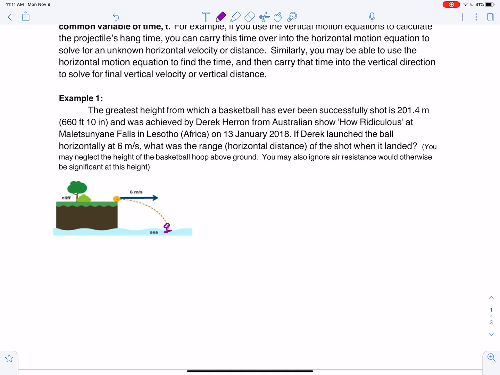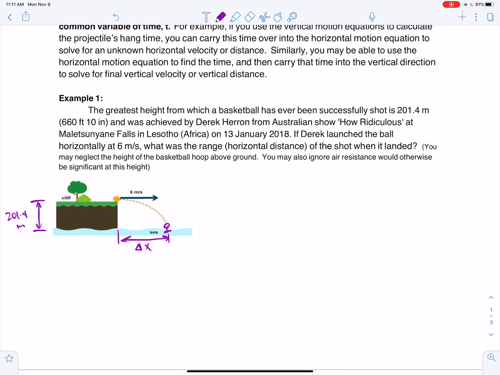All right, so we want to know this distance, delta x. How far out does the ball land when it hits that basket? And we're given the height of 201.4 meters. Okay, so we're going to solve this problem in 2 steps. The first step is going to be to find the falling time, how much time the ball takes to hit the basket down here at the bottom.